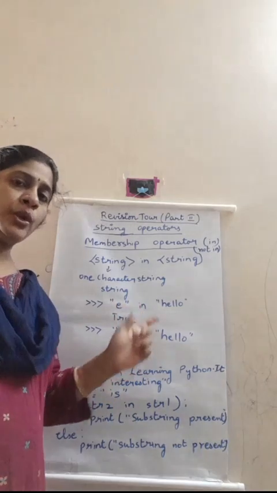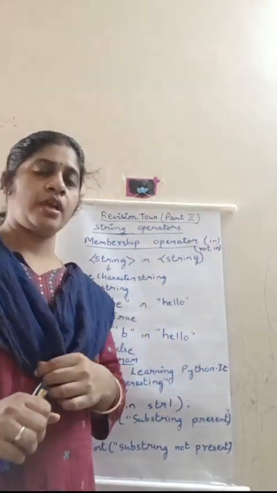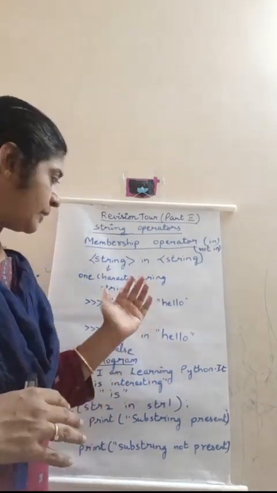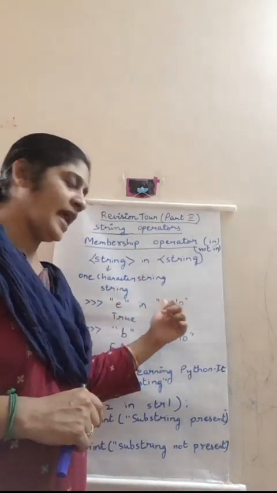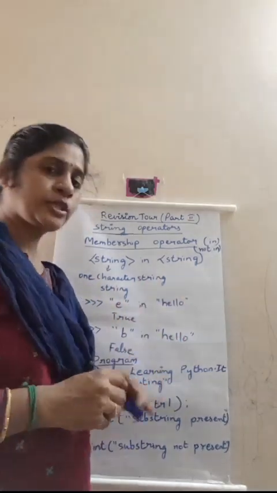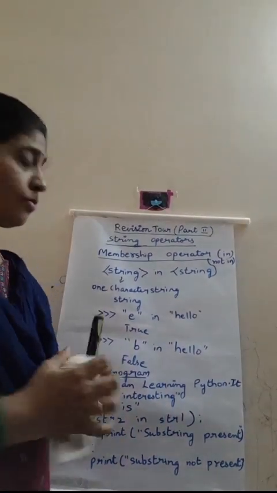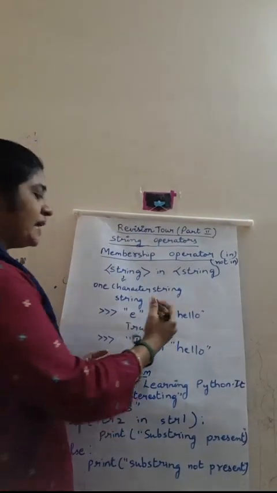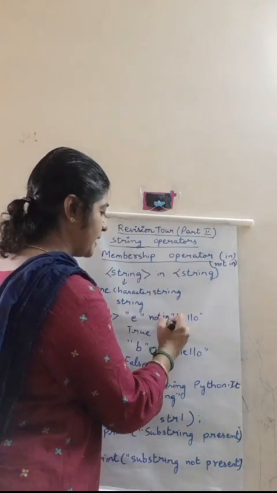Like in, you have one more operator, that is not in. You can check in the opposite way. If E is not in hello, what would be the answer? Instead of in, I replace it with not in.